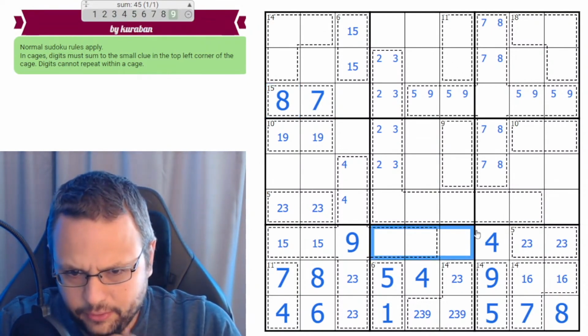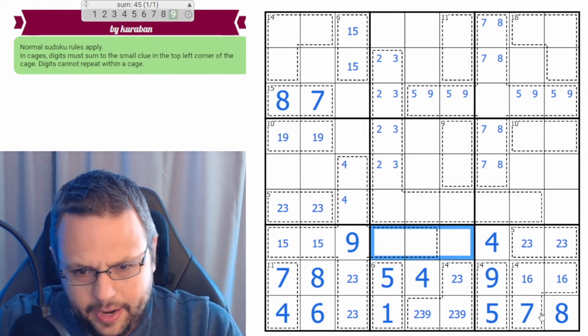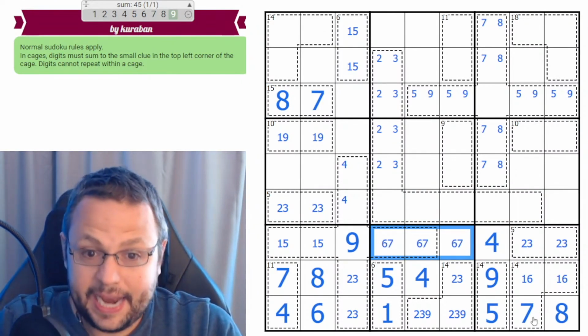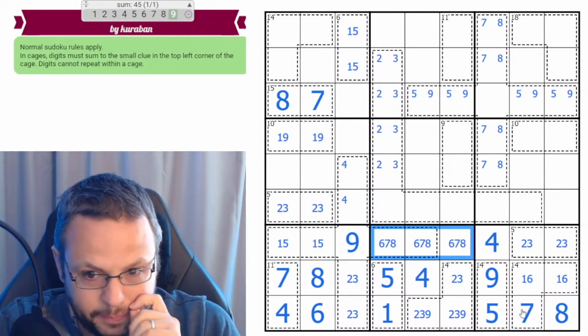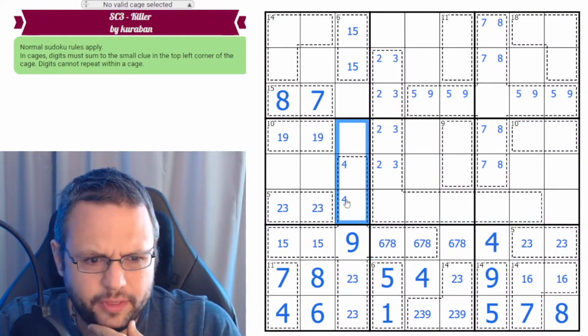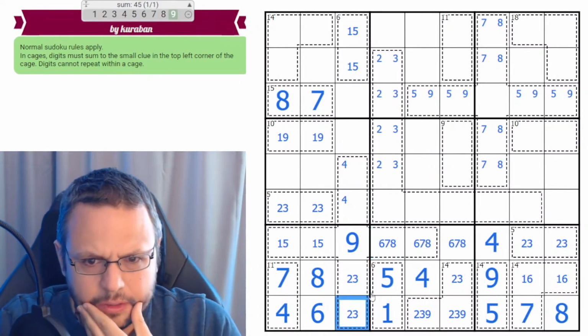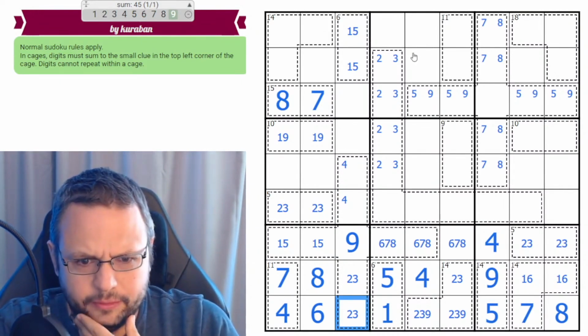These 3 cells, I just want to write in, they are a 6, 7, and an 8 is the answer. I don't think I yet know which of those is going over here. All good things in time, I suppose.